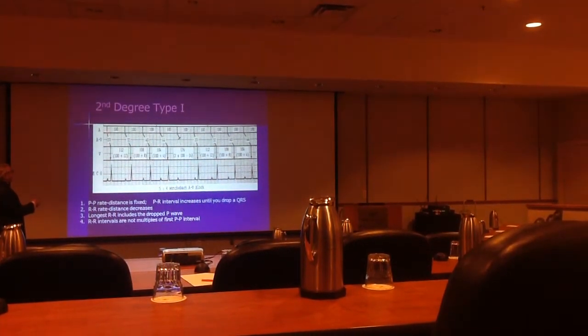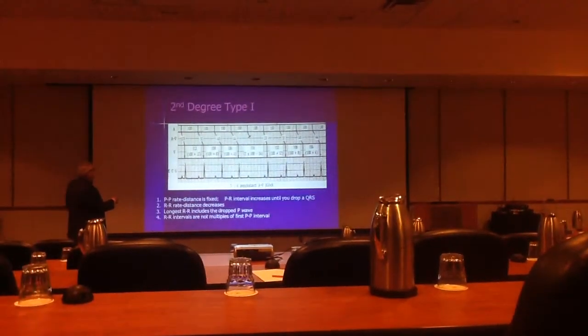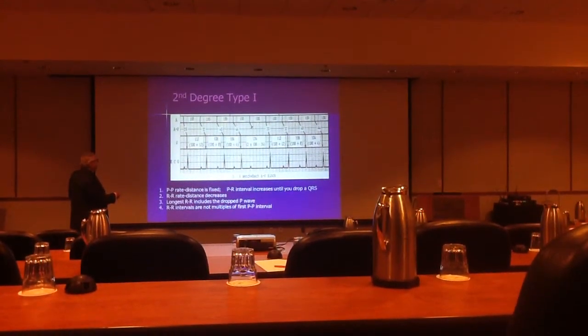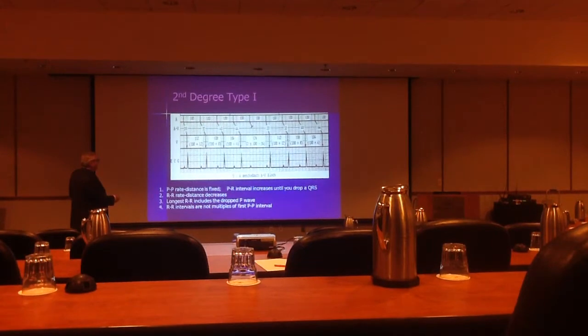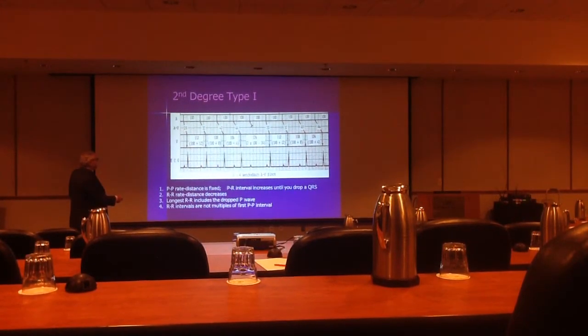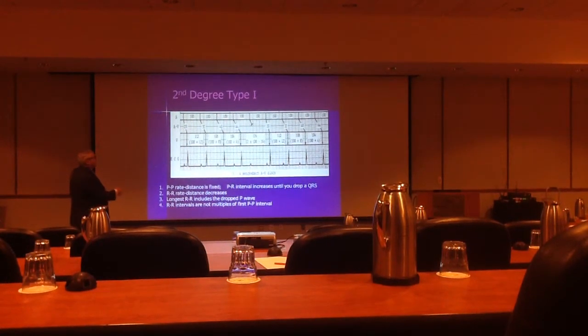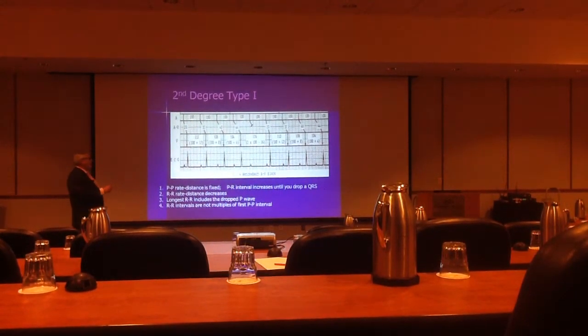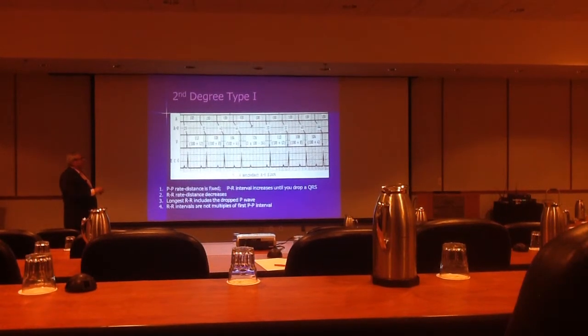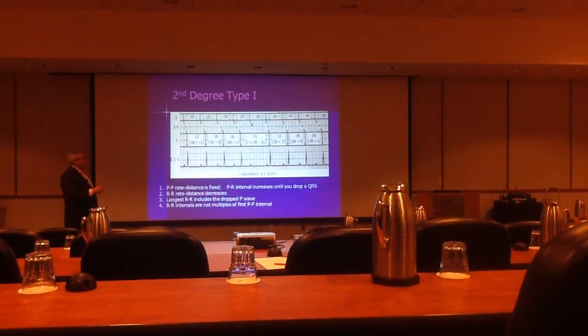If we count the blocks between every P wave, if I take the distance from here to here, or the distance from here to here, there's 100 blocks, and it's all fixed. So that means the atrial rate is regular, it's not changing. So every P wave maps out, P to P to P to P to P.